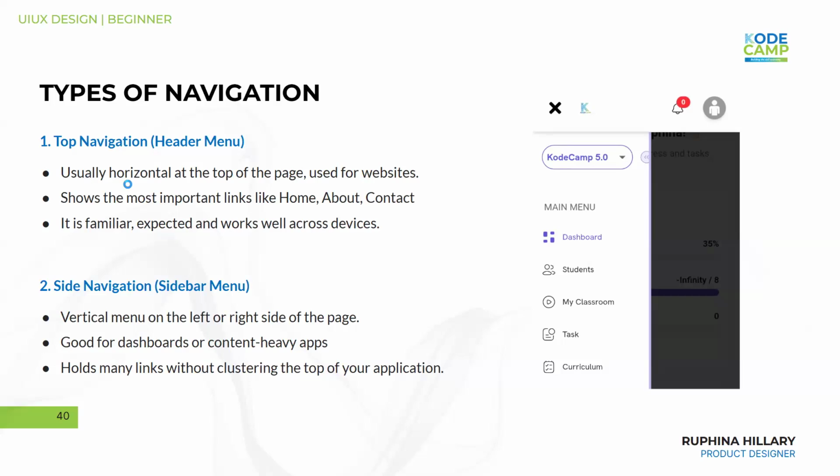This is usually horizontal at the top of the page, used for websites. When we went to the KodeCamp website last week, on Monday rather, we saw the home, the about, the contact us, the donate. That's the top navigation. And for the KodeCamp website, that's the main navigation of that website.